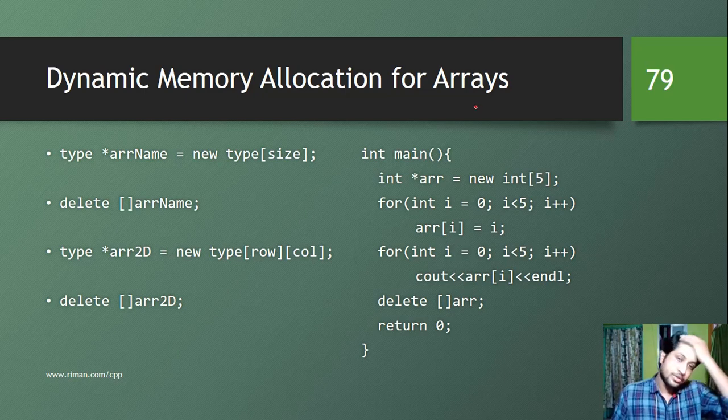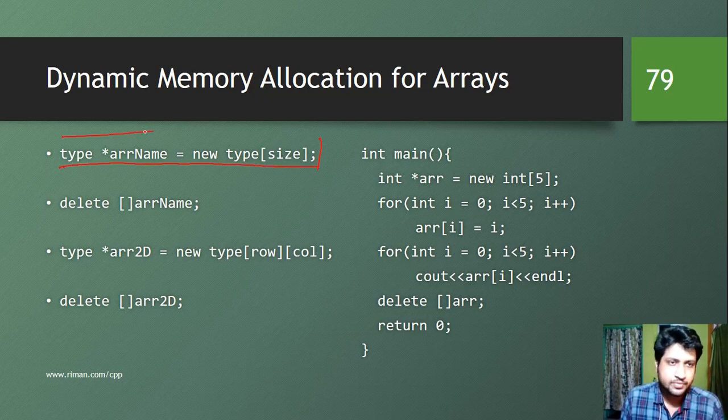We can also declare arrays dynamically. While discussing arrays, I mentioned that declaring a pointer is actually declaring an array. So whenever you use this kind of statement, you can declare an array: the type of the array, the name of the array with a pointer, and the new operator with the type of array you want.